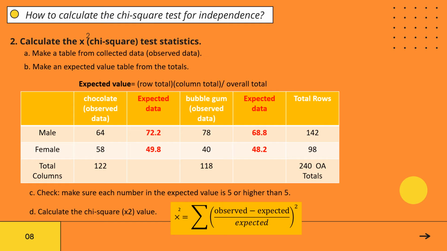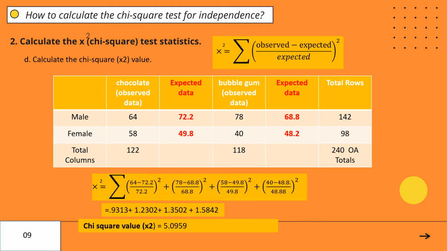So x squared is equal to the sum total of, in parentheses, the observed minus the expected data, squared, divided by the expected data. Get the formula and follow it.